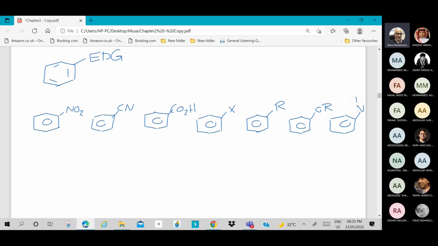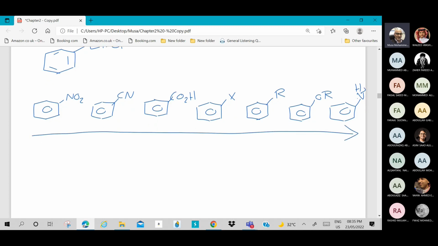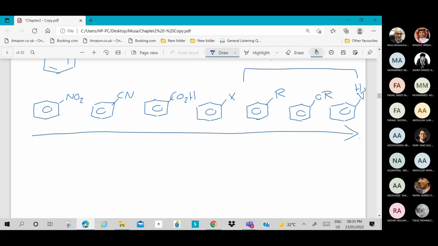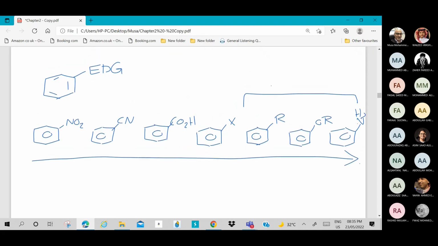I didn't list all of them, but this is to tell you that the speed of the reaction will go in this direction. So these here are called activators. These are electron donating groups, and the ones on the left side are electron withdrawing groups.